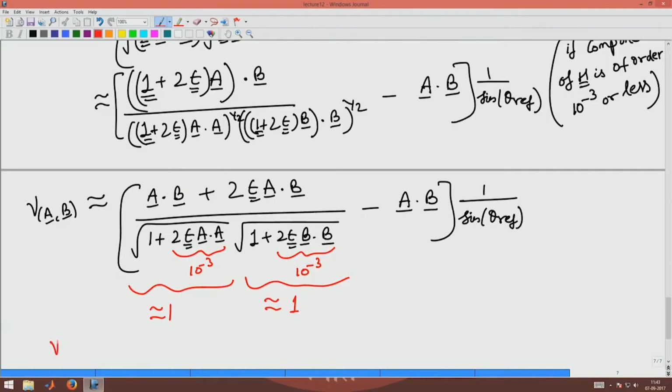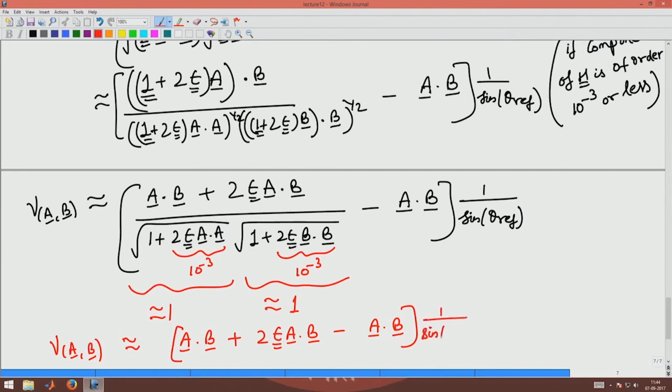Okay. Then gamma A comma B would approximate to A dot with B plus 2 times epsilon A dot with B minus A dot with B, into 1 by sine theta ref.